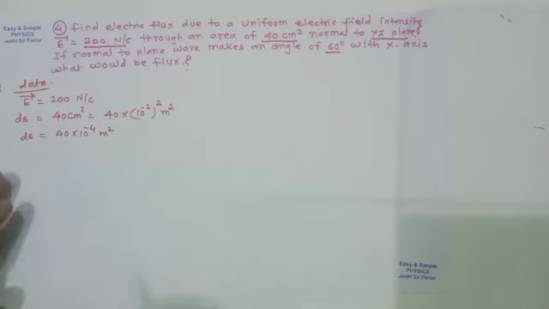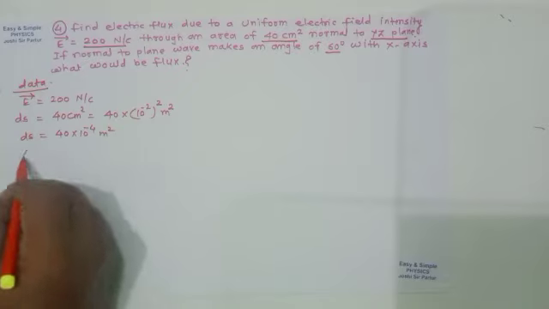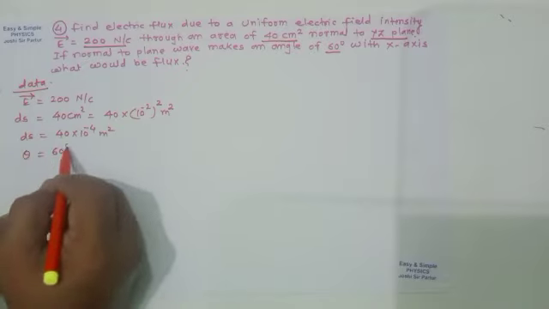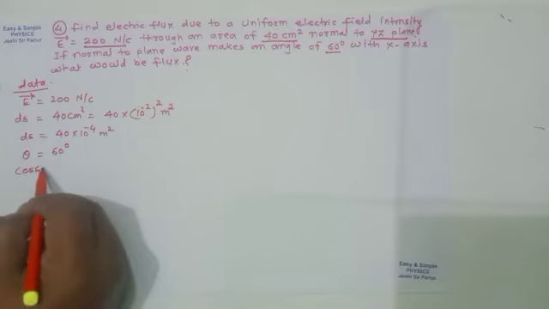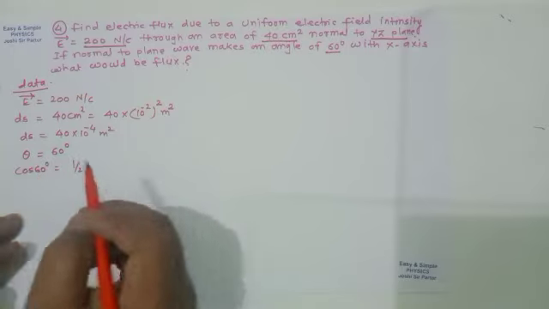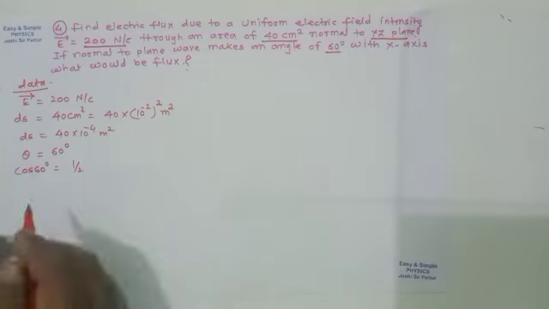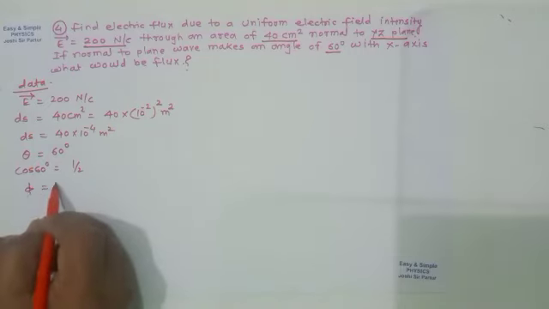Here angle theta is given as 60 degrees, so cos 60 degrees will be half, and we can find the electric flux.